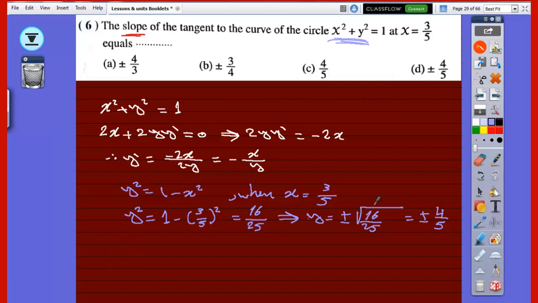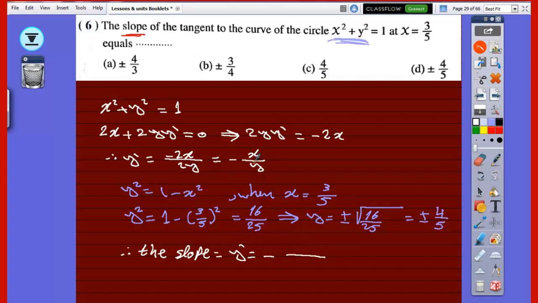So the slope, again the slope of the tangent equals y', which equals negative.